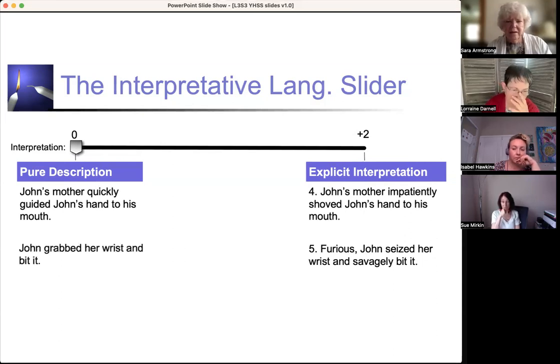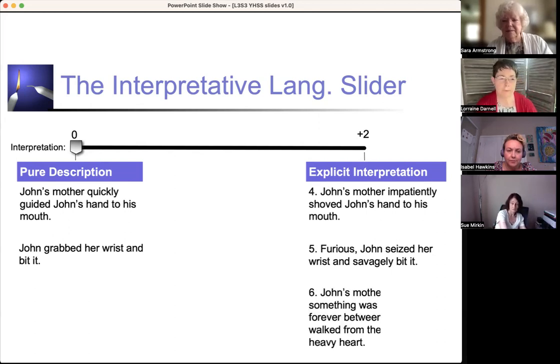John grabbed her wrist and bit it would be pure description. We don't know if it's playful. We don't know if it's hostile. We don't know if he's doing it because she got bit by a spider and he's trying to get the poison to bleed out. We just know that he did what he did. That's pure description. In the explicit interpretation, the furious, seized it and savagely bit it. The words furious, seized, and savage all point us toward interpretive language there.